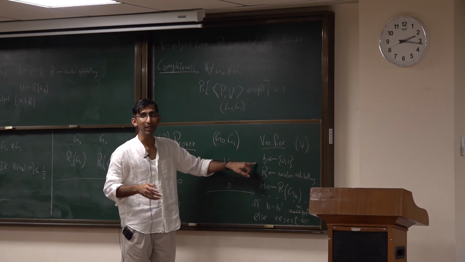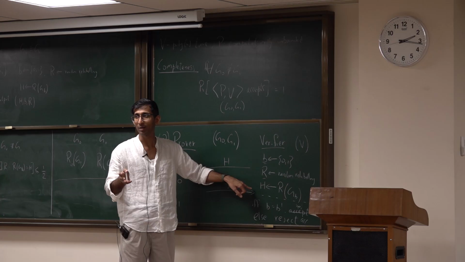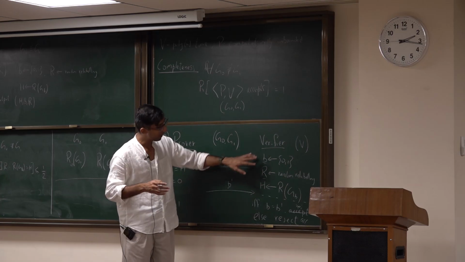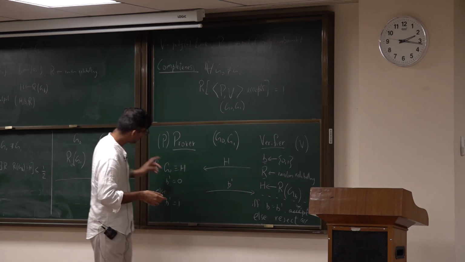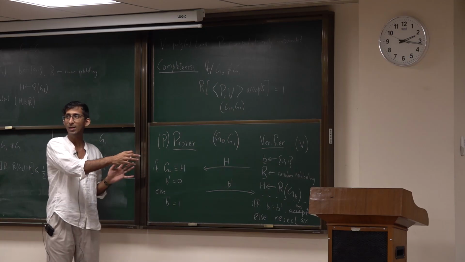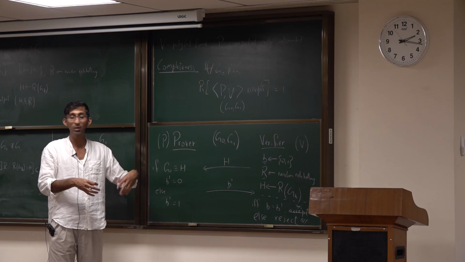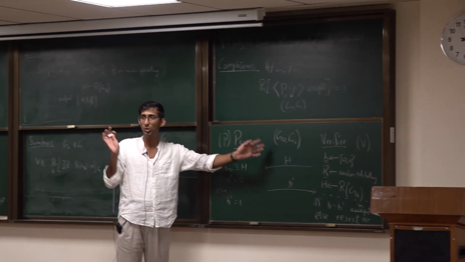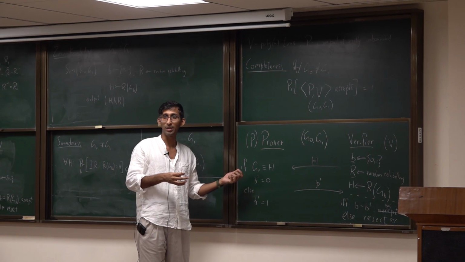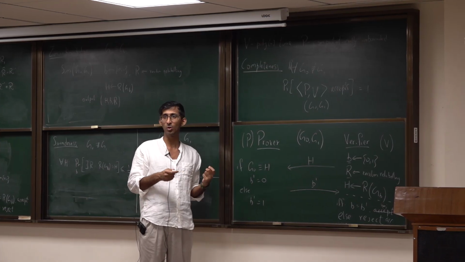And if B is 1, it knows that H is not isomorphic to G0. So if it acted honestly, the information that the prover is providing is something that it already knows. But if it doesn't act honestly, it could give an arbitrary H of its own choice, and it will get the information. It will learn whether H is isomorphic to G0 or not.